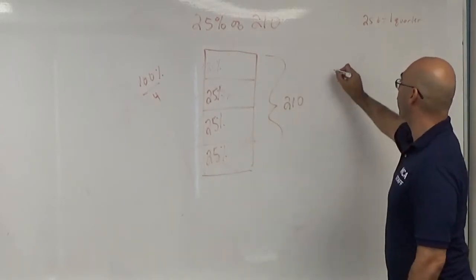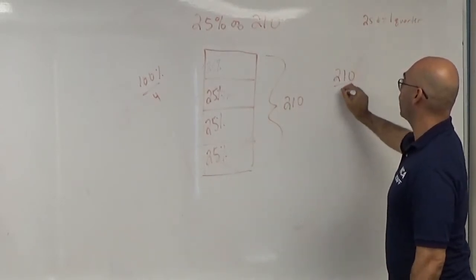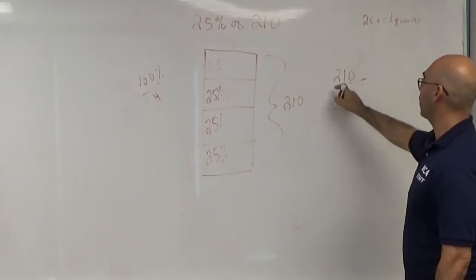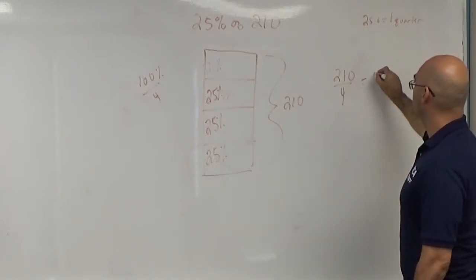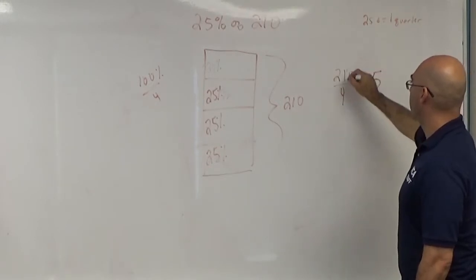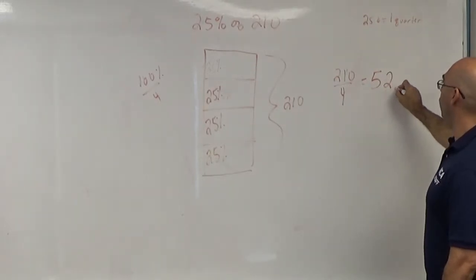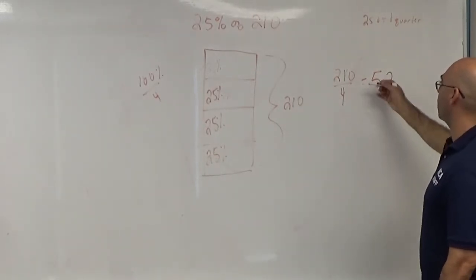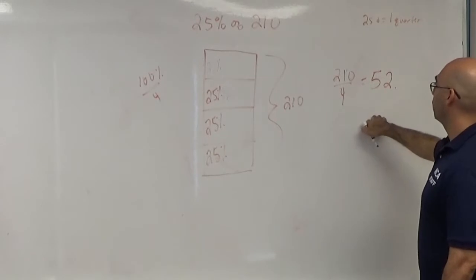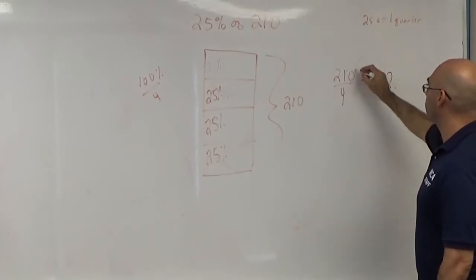You divide by 4. 210 divided by 4. How many times is 4 going into 21? 5 times with one left over. How many times is 4 going into 10? 2, with 2 left over. Well, 10 minus 8 is 2.